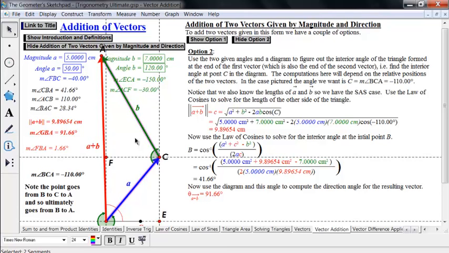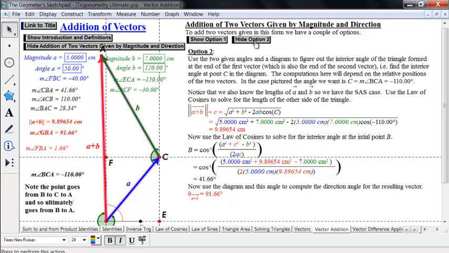The angle at B is the interior angle you need, and side C is the magnitude you're looking for. Then use that information, particularly the angle at B and the direction angle for A, to figure out the direction angle for the sum.